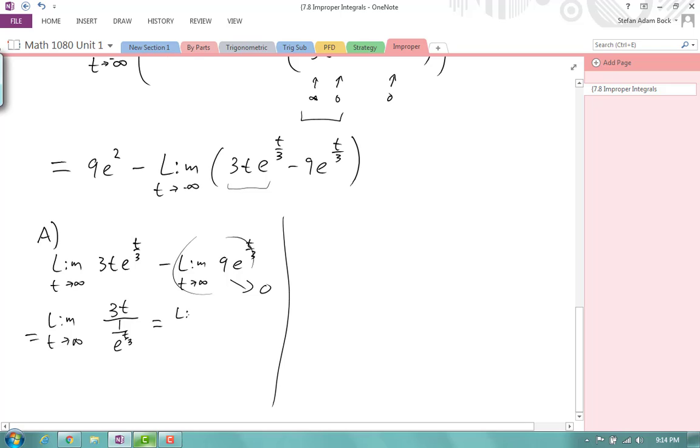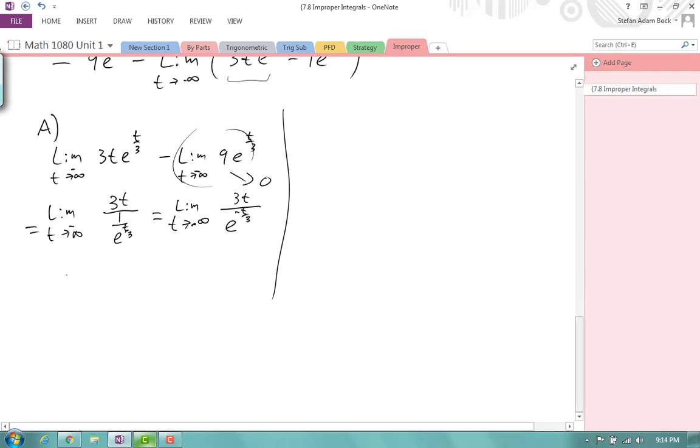Because that's equal to the limit, that should be a minus, as t goes to minus infinity of 3t all over e to the negative t over 3. And when I do L'Hopital's on that, I'll have the limit as t goes to minus infinity of 3 divided by negative 1/3 e to the minus t over 3.